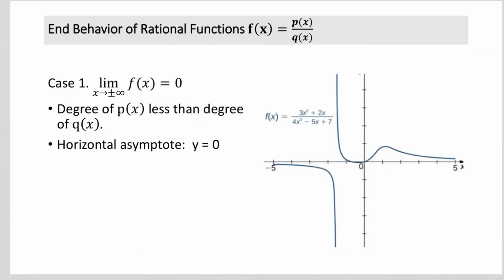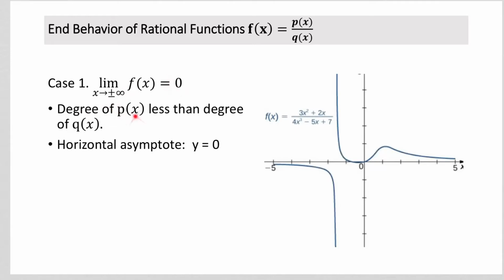Next, let's talk about rational functions. Rational functions are ratios of two polynomials, one in the numerator and one in the denominator. We have several possibilities here for end behavior. Case 1 is that the limit as x approaches either positive or negative infinity is 0.